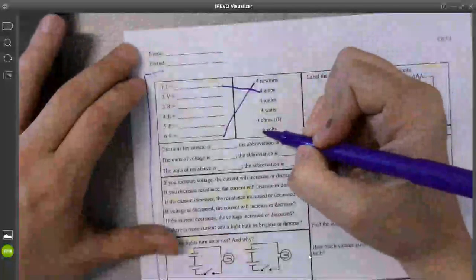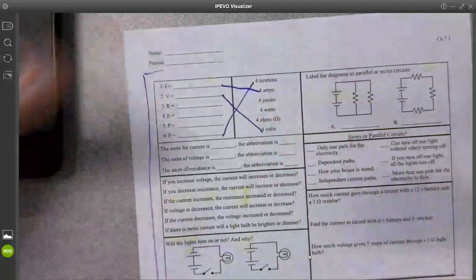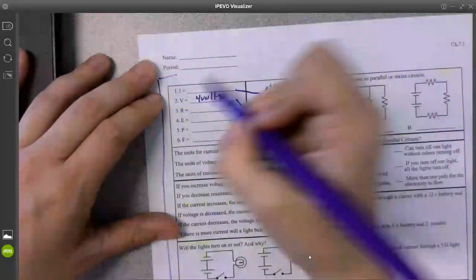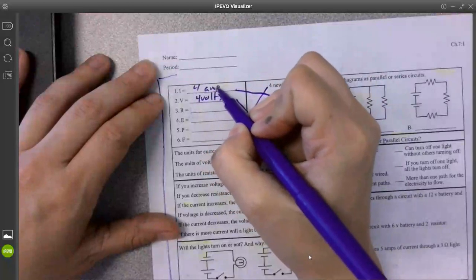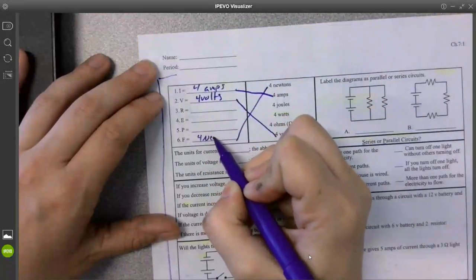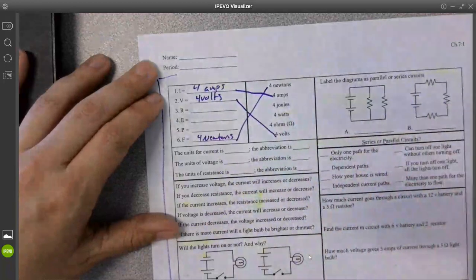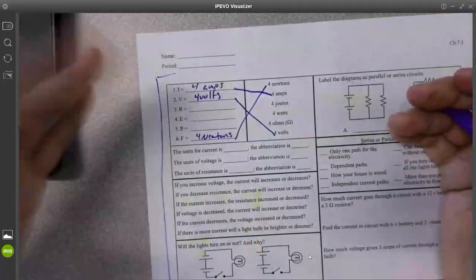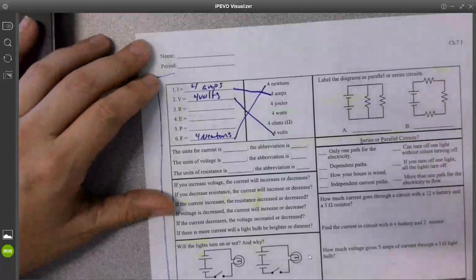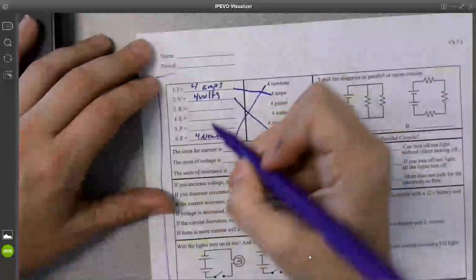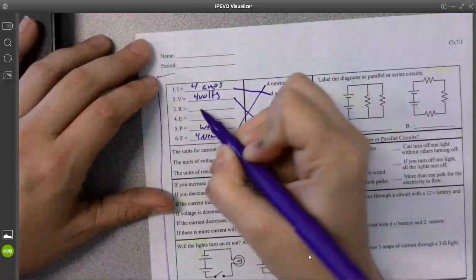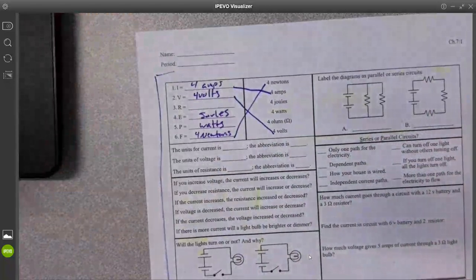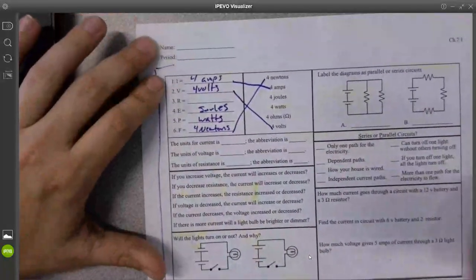So you can draw a line here. Or you can also write it out: volts, amps, newtons. That should be fairly okay no matter which way you take care of it. I will tell you that power is measured in watts and energy is measured in joules. So that should kind of help you out there.